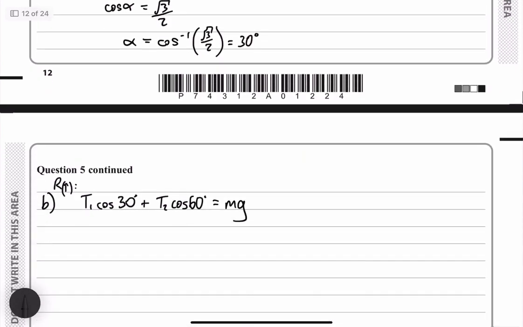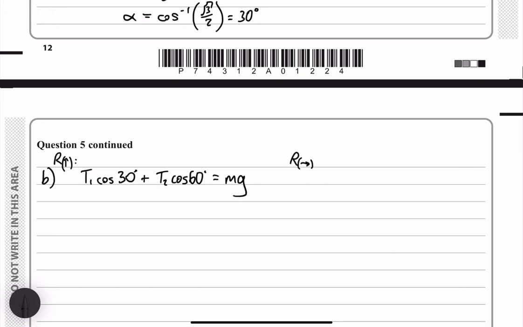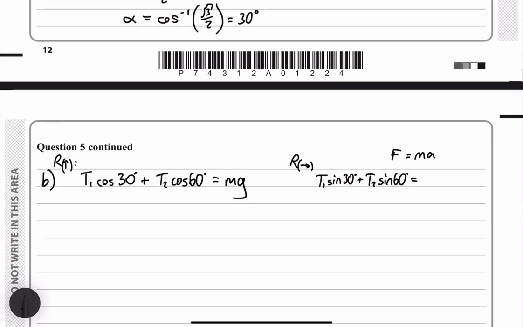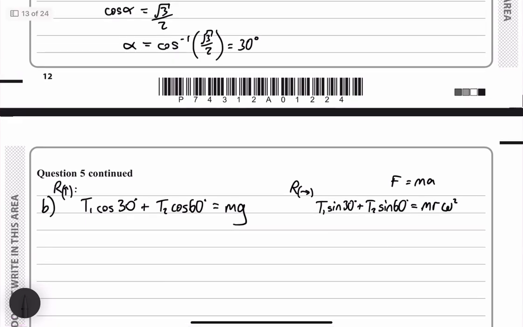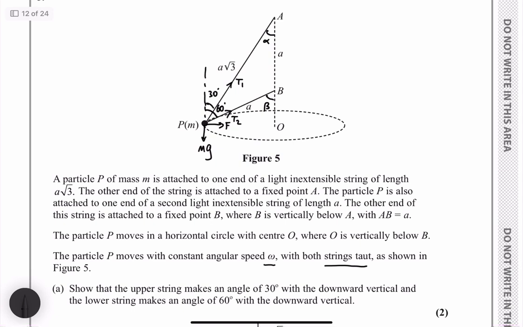So T1, resolving inward, we've got T1 sin 30 degrees plus T2 sin 60 degrees, and this is F equals ma, but instead of ma, I'm going to be using a in terms of omega, and that will give me mr omega squared. And let's quickly point out that we know r as well. r, the radius of the circle, is equal to a cos 30, which is root 3 over 2 a.